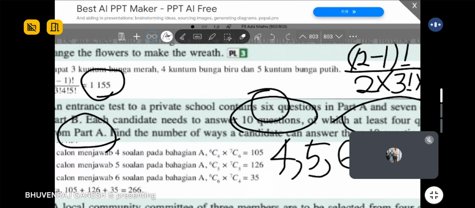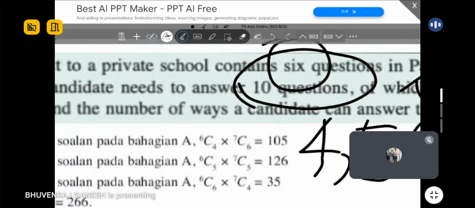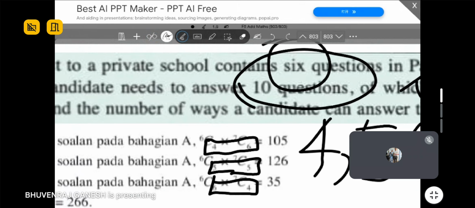So means that the total number that you see over here, jumlah nombor kat bawah, selalunya kena 10. Your total must always get 10 at the end. Okay guys, can you all see that? Jawapan untuk nilai R tu kat bawah selalunya 10. Because you got total of 10 questions.